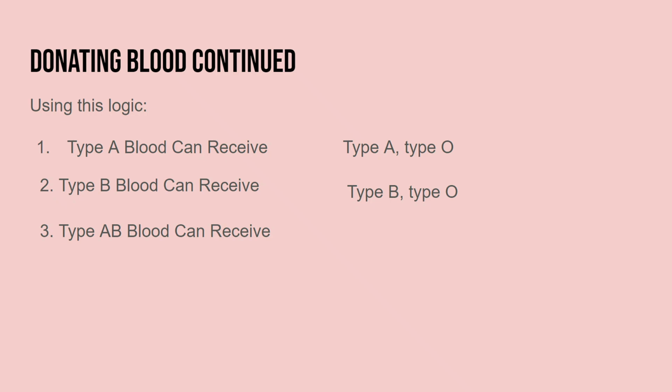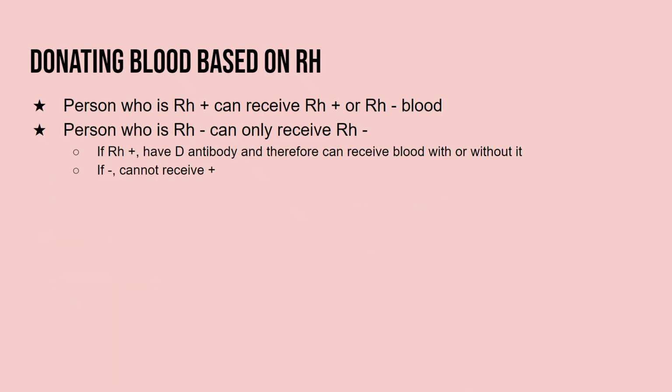A, B, O. It can receive some more than that. Yeah. Perfect. And then O, yeah. Cool. So if you're Rh positive, you can receive Rh positive or negative. A person who is negative can only receive negative.